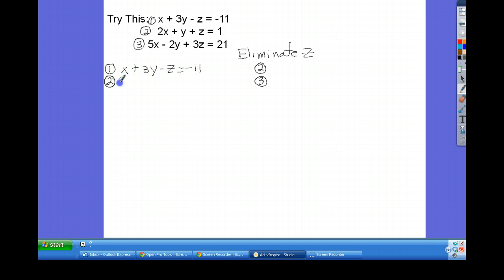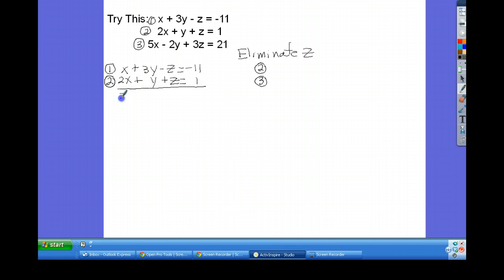And 2 is 2x plus y plus z equals 1. This equation is ready to add if what we want to do is eliminate z, and that's what we said we would do.